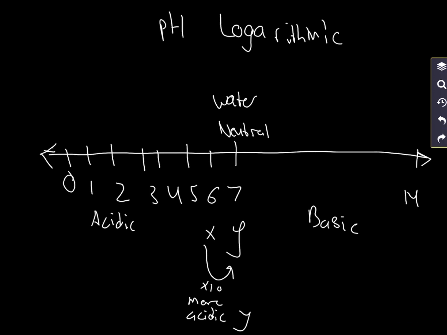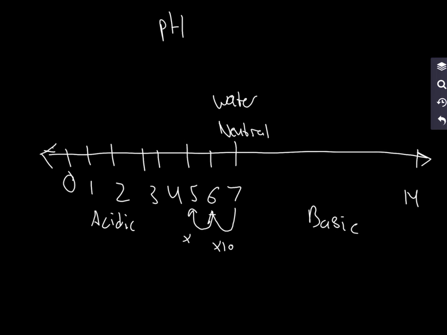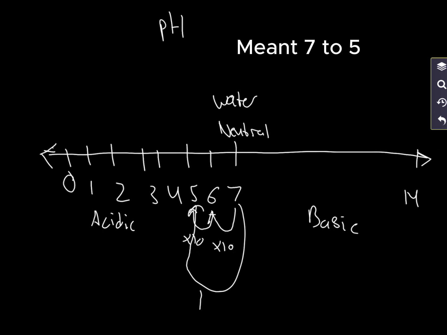Or you can say that the thing with the pH of 7 is 10 times more basic than the thing with the pH of 6. So a jump from 6 to 5, once again, is a 10 times increase. A jump from 7 to 5, well, 10 times 10, that would be a 100 times increase in acidity.